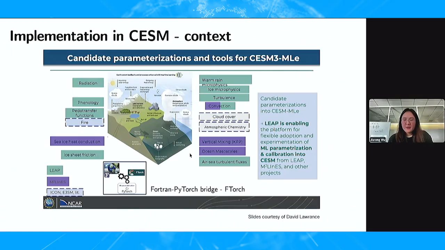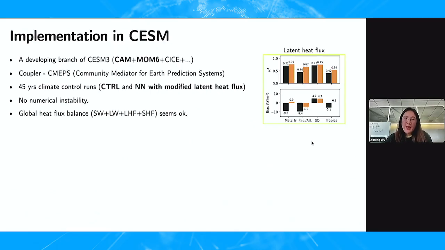They have an established pipeline for doing that now that allows you to call a neural net, at least one written in PyTorch. And so I did this in a developing branch of CESM3.